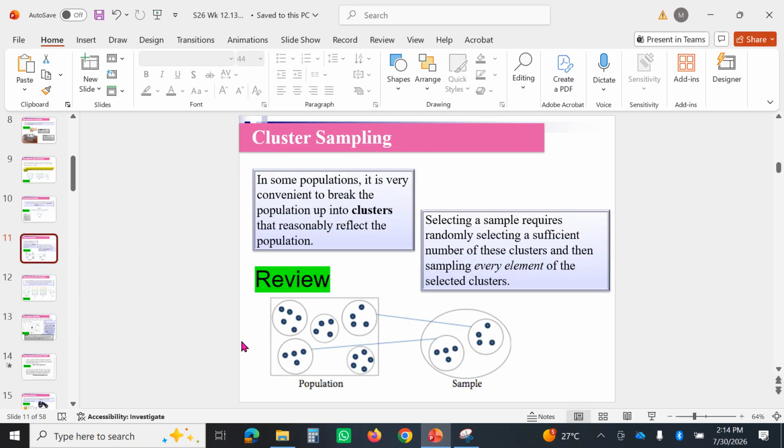Good. Cluster sampling. In some populations, it is very convenient to break the population up into clusters that reasonably reflect the population, right? I think the example I used way back at the start of the semester was neighborhoods. If you had the city here, cities tend to be diverse.